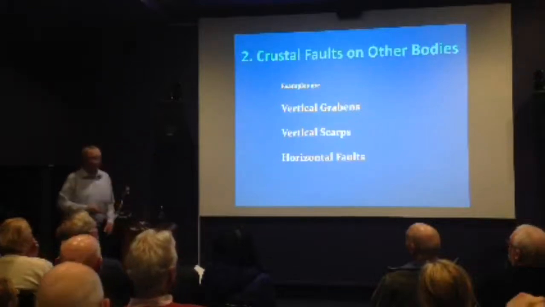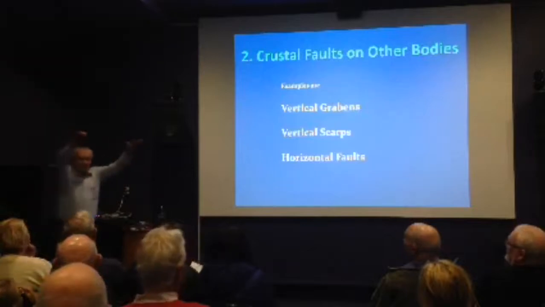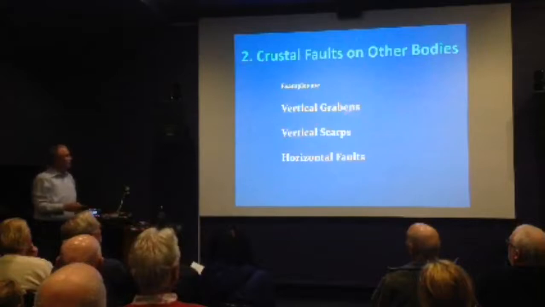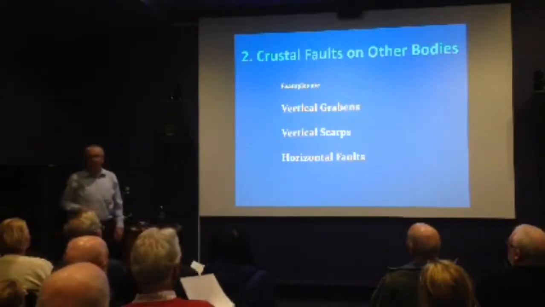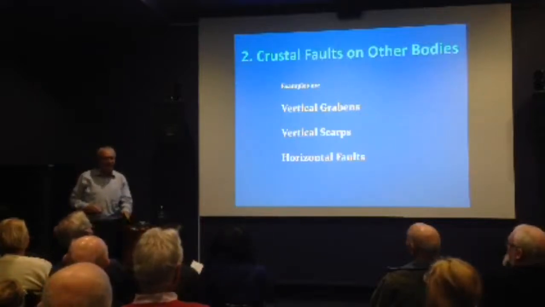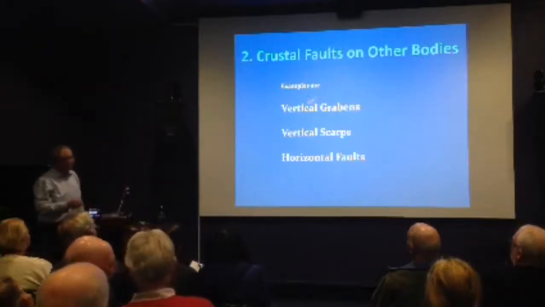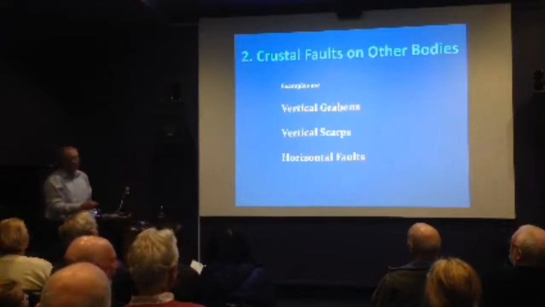So who can tell me what a graben is? No, it's a sunken bit of ground. It's ground that just sinks down. They call it a graben. So the clever planetologist. Scarp. Who can say what a scarp is? Yeah, a cliff essentially. So in other words, vertical, depressed bits. And do you know what the opposite of a graben is?